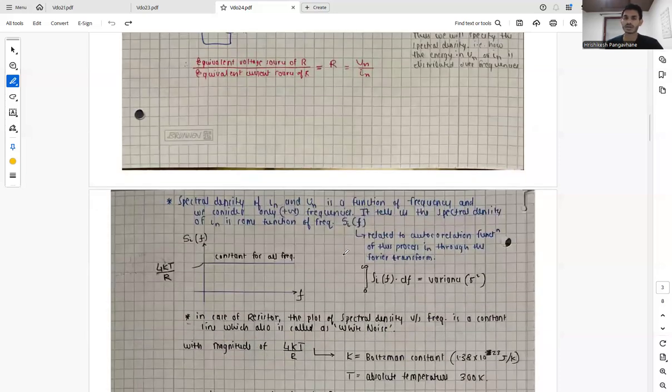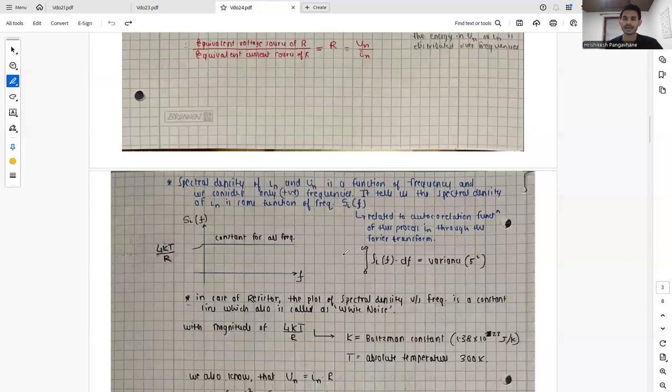So what do we mean by spectral density? The spectral density of In and Vn is a function of frequency, and we consider only positive frequencies, as when we consider negative frequency, we just get a mirror image of the curve.